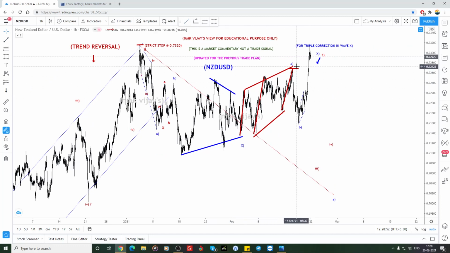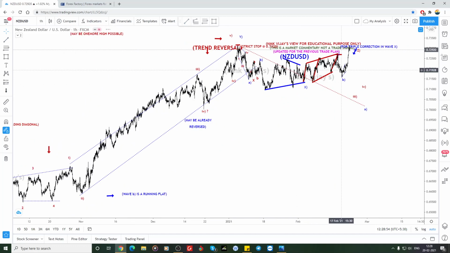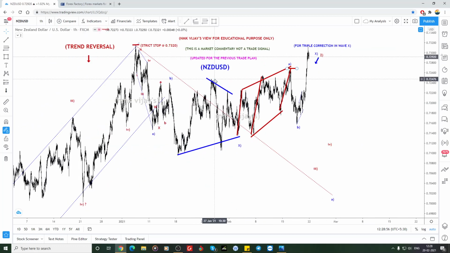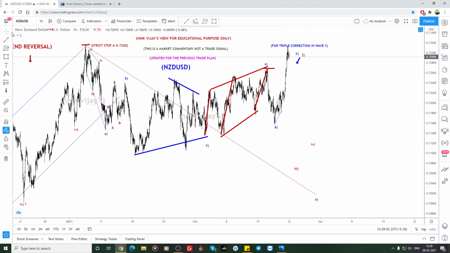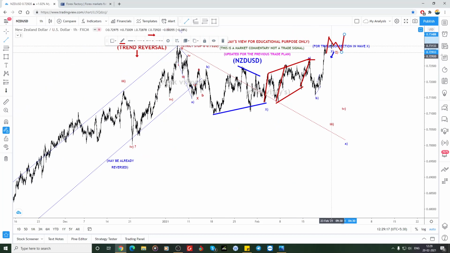So this could be a 1, 2, or A, B, and see, because it's already going high. So whether this could be a 1, 2, and 1, 2, 3, 4, and 5 like that, it could happen like that also. One more high. So 1, 2, so 3, and after that 4 and again one more 5.